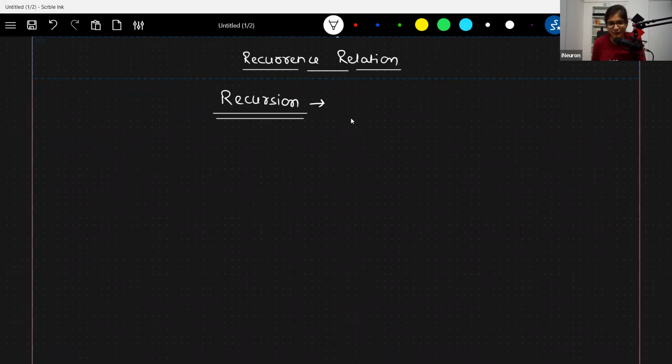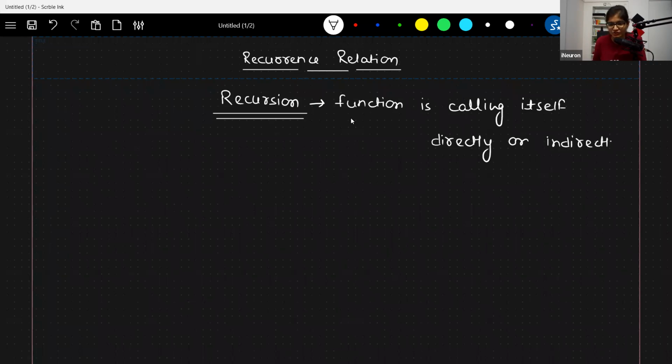It simply says that whenever a function is calling itself, directly or indirectly, I will show you, don't worry, this is something which we call recursion.